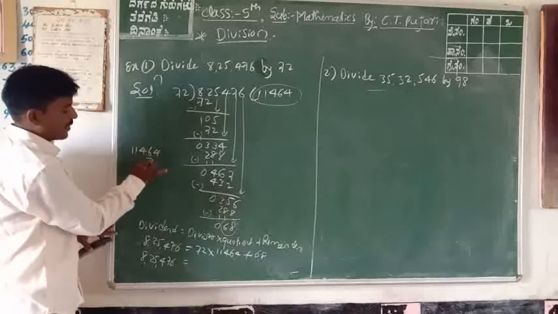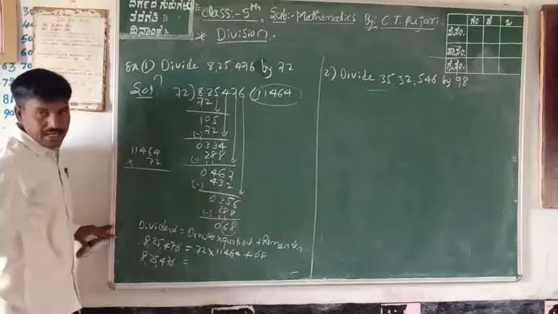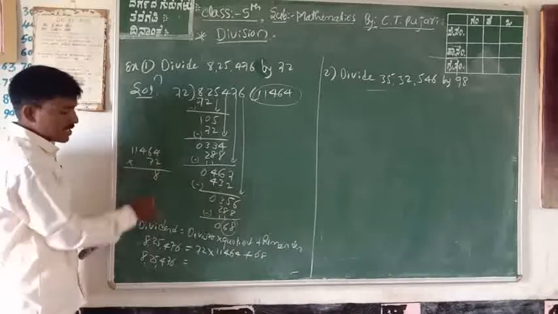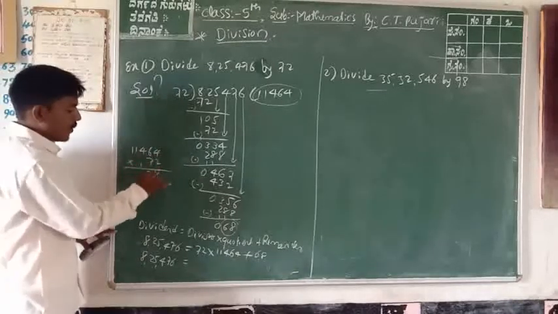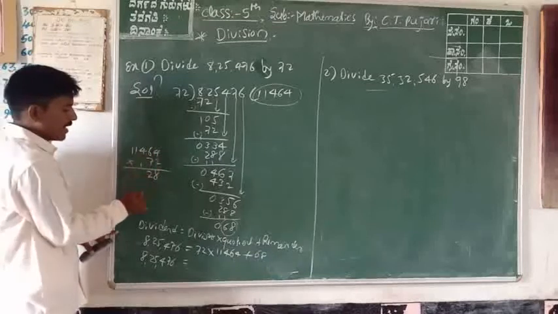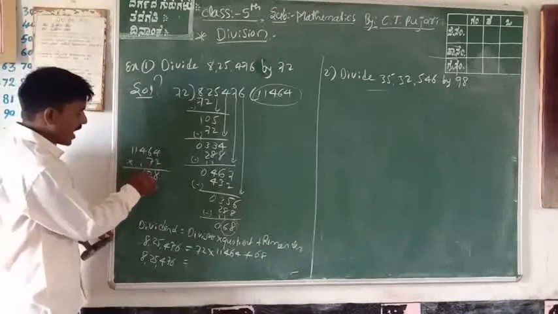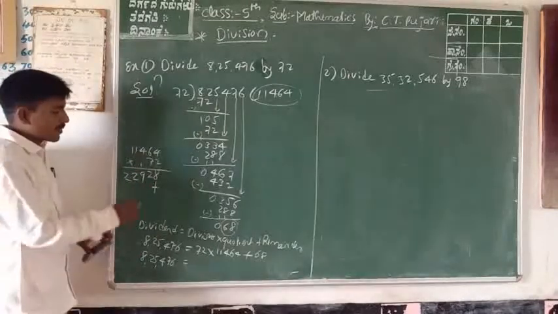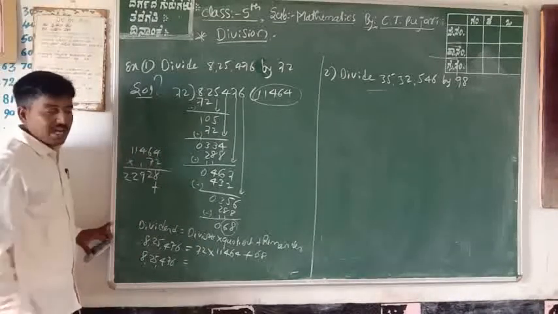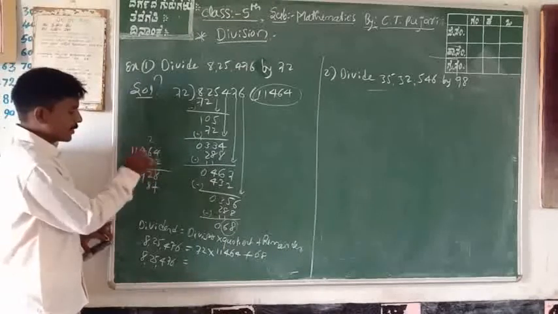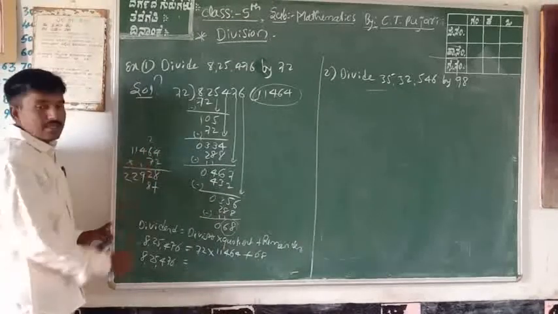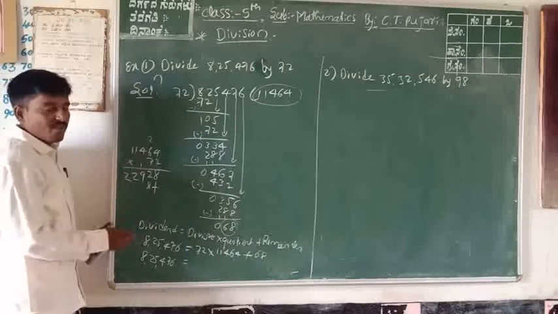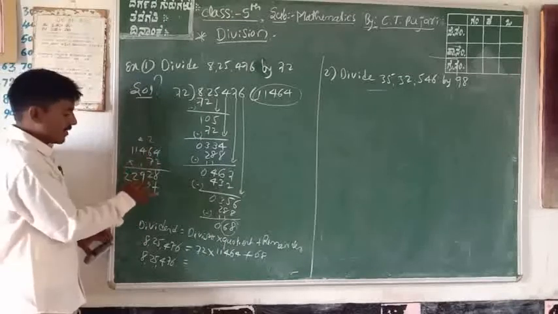11,464 into 72: 2 fours are 8, 2 sixes are 12, carry 1, 2 fours are 8, 8 and 1 is 9. Then 7 fours are 28, carry 2, 7 sixes are 42, 42 plus 2 is 44.